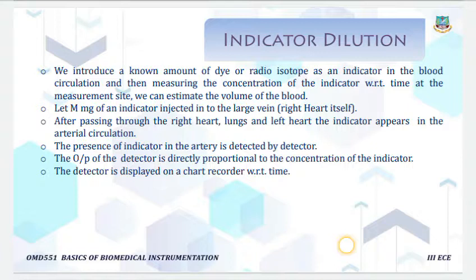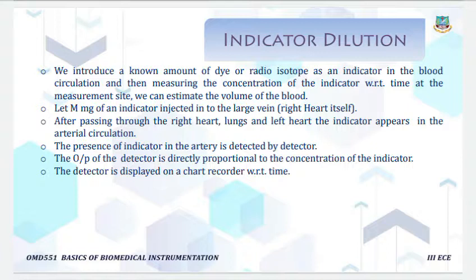The presence of the indicator is detected by using a detector. The output of the detector is directly proportional to the concentration of the indicator, and it is displayed on a chart recorder with respect to time. This is how the measurement takes place.